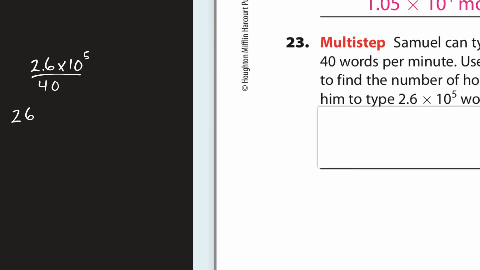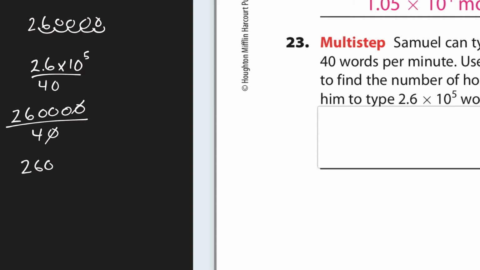So it's 1, 2, 3, 4, 5. That means I have 4 zeros. So it's 2, 6, and 4 zeros, divided by 40. And the nice thing about this is I can cancel out these zeros. So it's really 26,000 divided by 4.